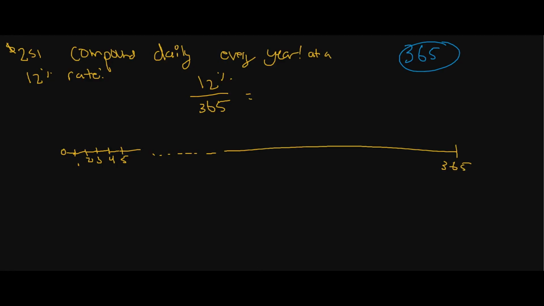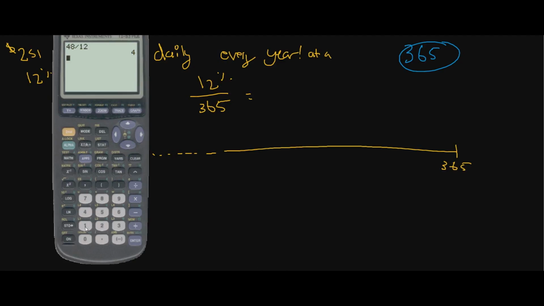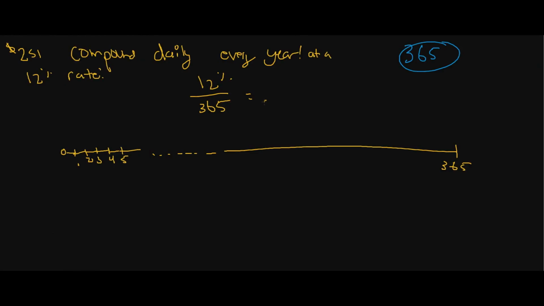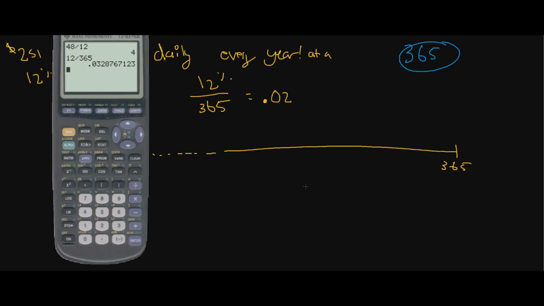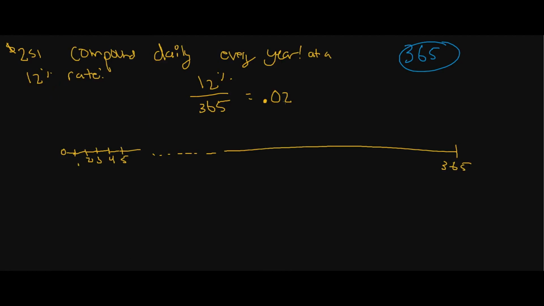Let's do 12 divided by 365, and we get 0.0328%. That means this percentage is going to be applied every single time evenly over 365 days.